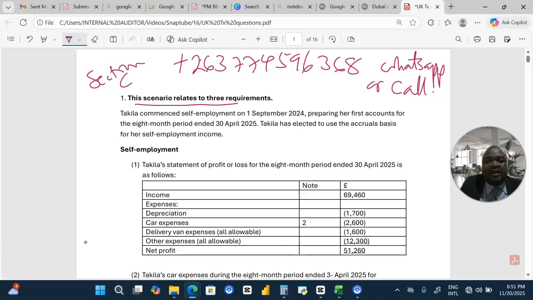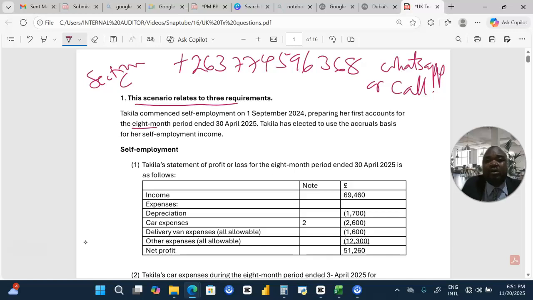One thing I want you to take note of is the importance of dates. When the examiner gives you some dates in the question, he expects you to make use of them. For example, we are told that these accounts are for an 8-month period which ended 30 April 2025.